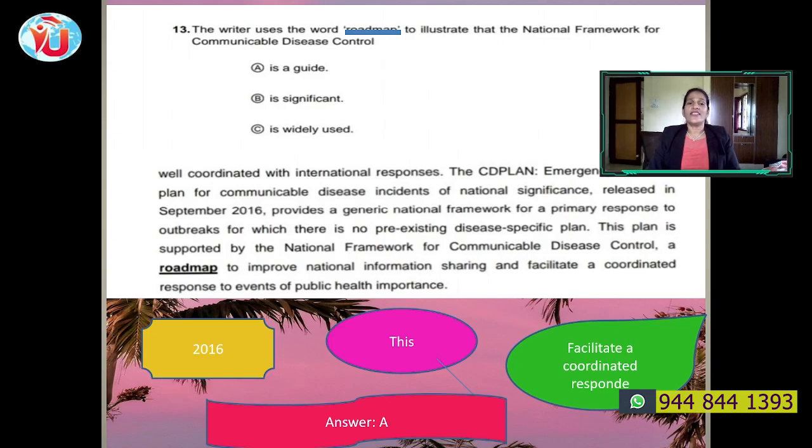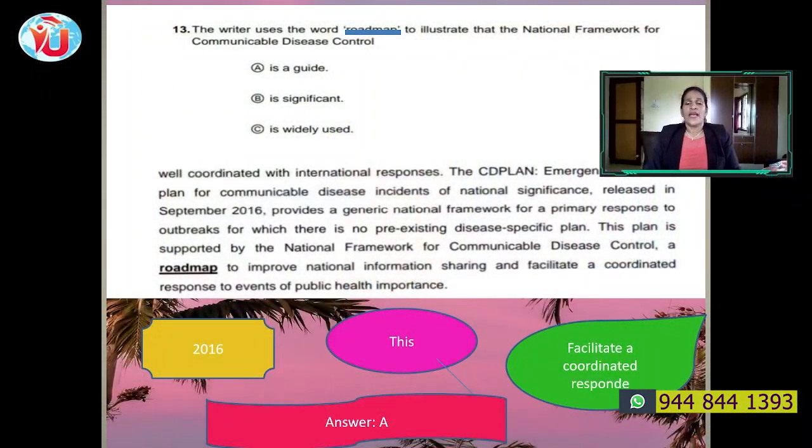So the answer is A, because my dear friends, a roadmap is what we use to locate something. Without going to the answers, without going to the text, it's 100% clear that a roadmap is the one which guides us how to go about.